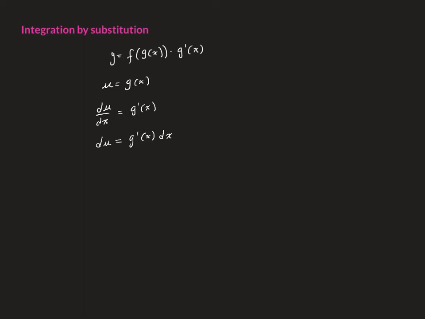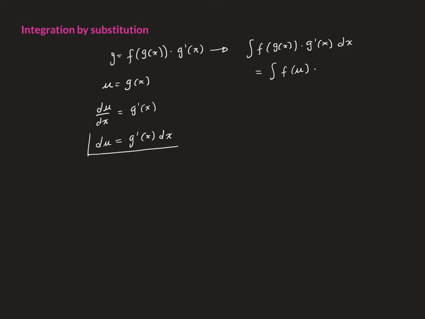Now the original function is this one. So when I want to integrate this, the integral of f of g of x times g dash of x with respect to x is going to be, after I do the substitution, the integral of f of u times g dash of x times dx.